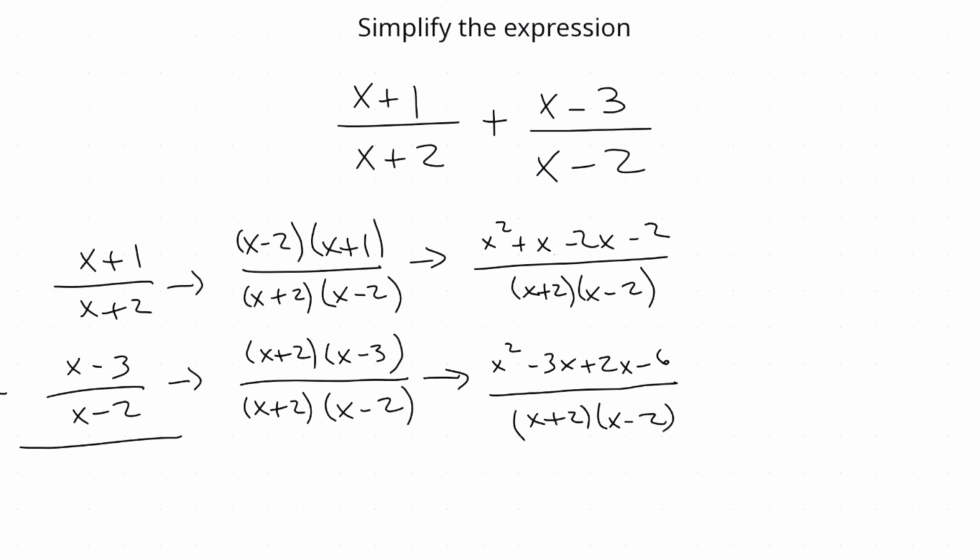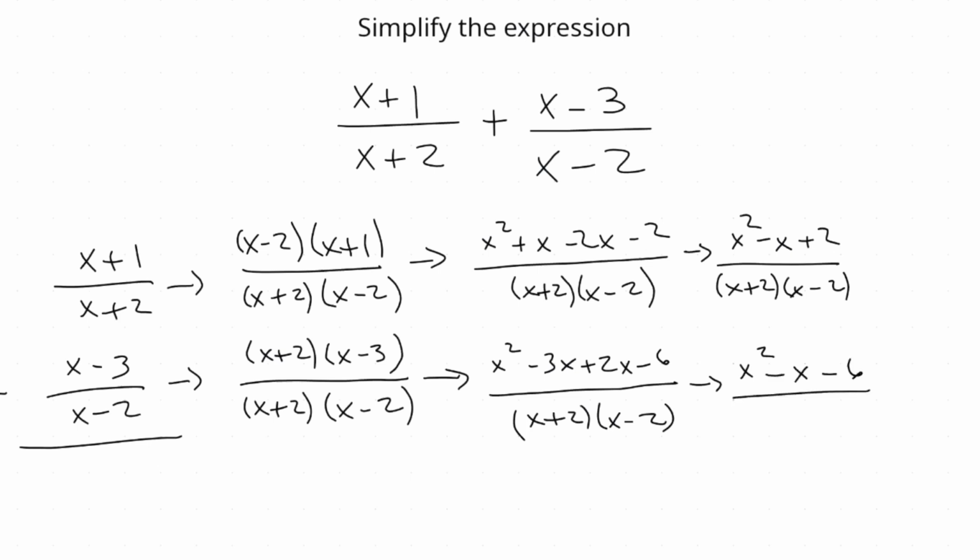Now simplify a bit. So that ends up being x squared minus x plus 2. This one is x squared minus x minus 6. Now, remember, we're adding this to this.